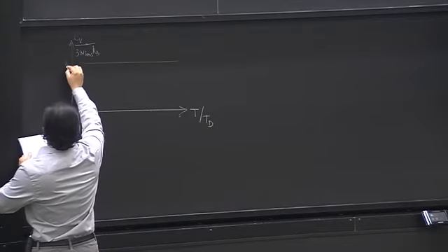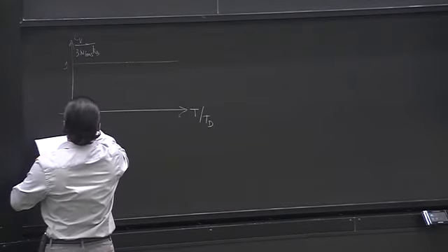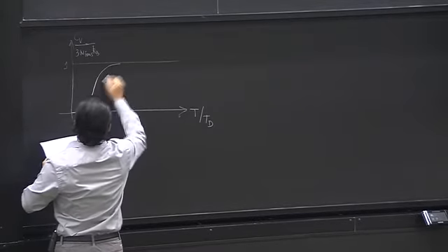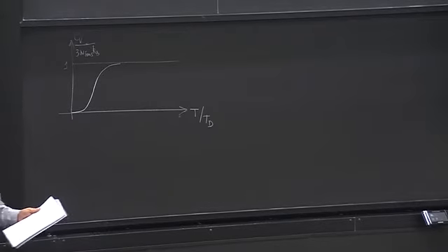What you will find is that the Debye model predicts something like this. So it goes to 0 as T cubed, and then it approaches this at very large temperatures.